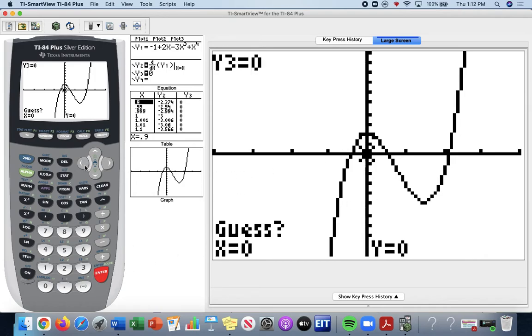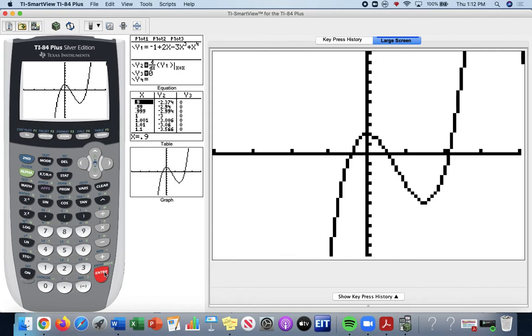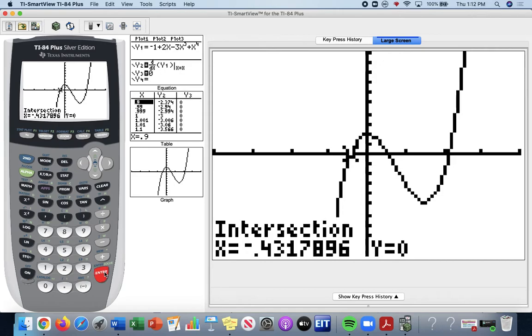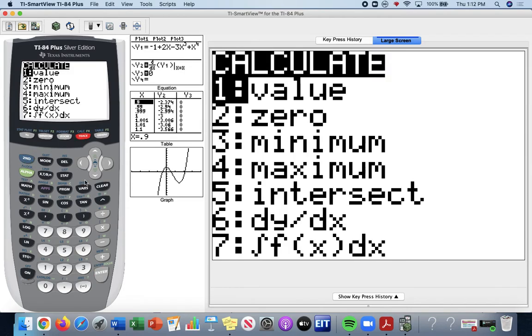Now, the guess is the only thing you need to move. I've got 3 points to find, so you need to tell it which one you want first. I want to find this left-most point first. After you're somewhere around it, you can press enter, and it'll give you that exact point of intersection. It's exactly at -0.4317. Then I can repeat the process for the other 2 points.